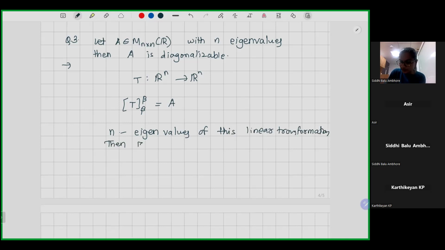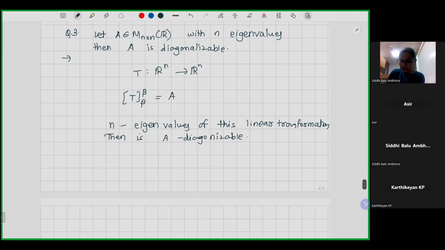Then is this T diagonalizable, or is this A diagonalizable? When I say this, I mean whether A is PDP inverse, where D is diagonal and P is invertible.